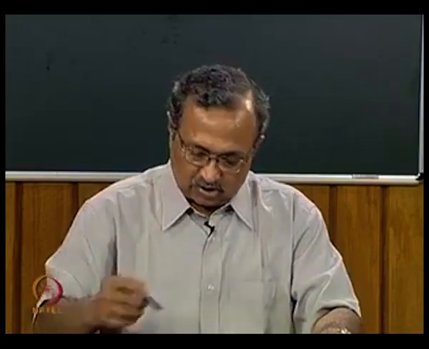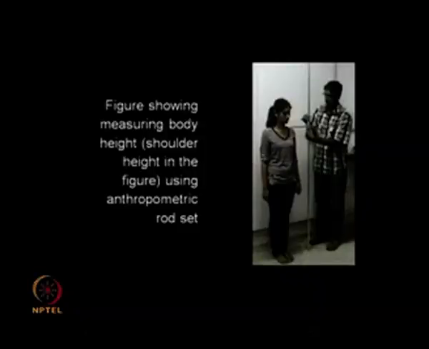Now, this figure shows measuring body height. By sliding the bar on the anthropometric rod, body heights can be measured; in this case the shoulder height is being measured, but various heights can be measured with this.